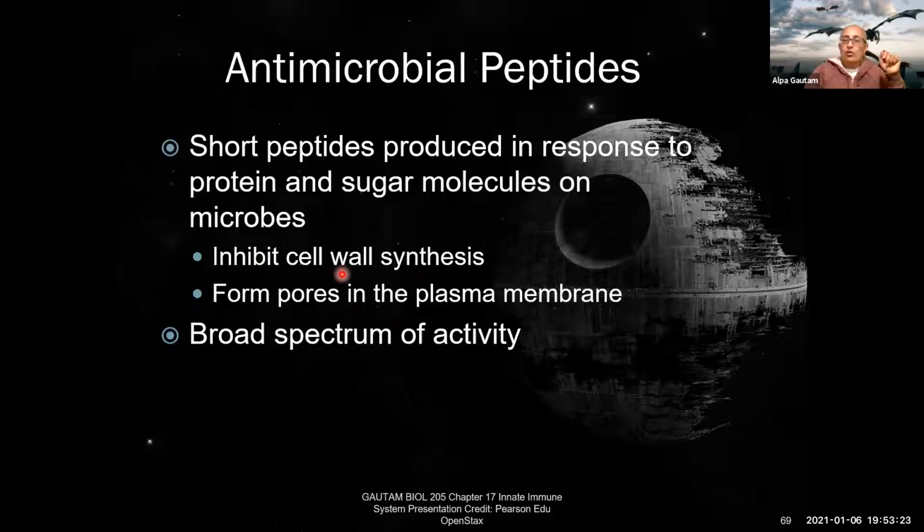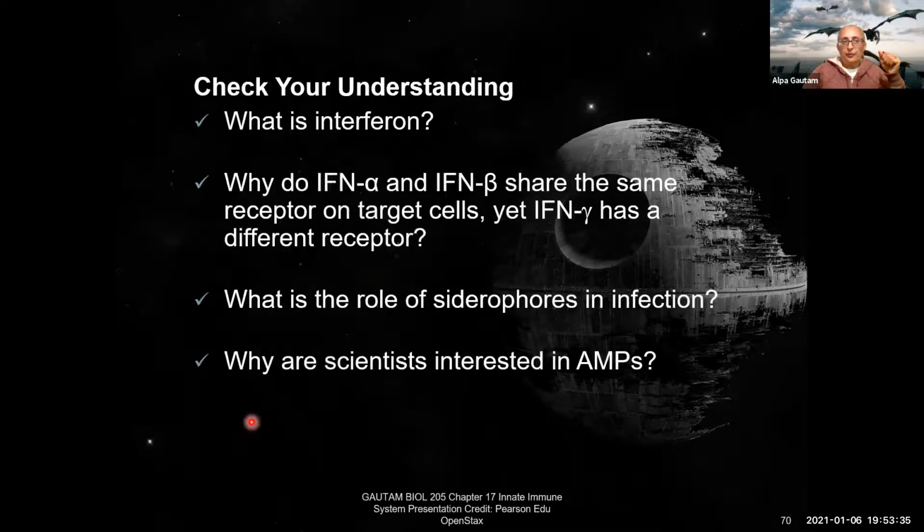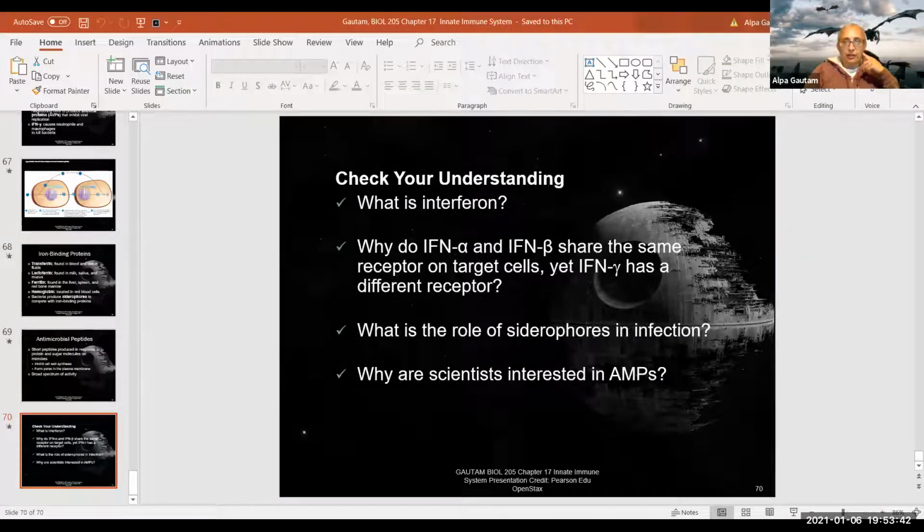They can form pores, again, forming that hole in the plasma membrane of pathogens. And it's called broad spectrum activity because it's not specific to specific bacteria. All right. So that is the first line of defense.